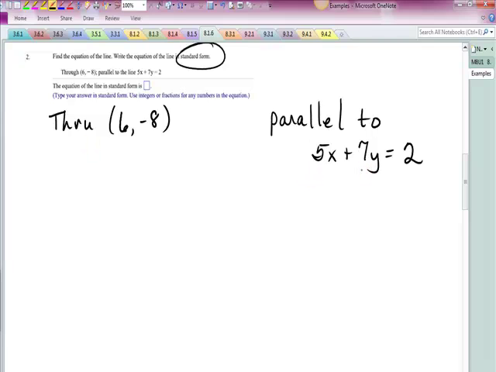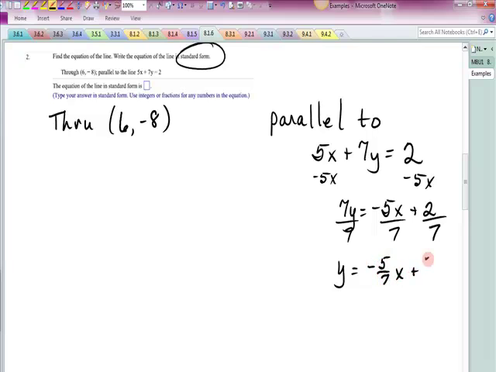So I will solve this for y. Subtract 5x. I have 7y is equal to negative 5x plus 2. Divide everything by 7. And I get y is equal to negative 5/7 x plus 2/7.